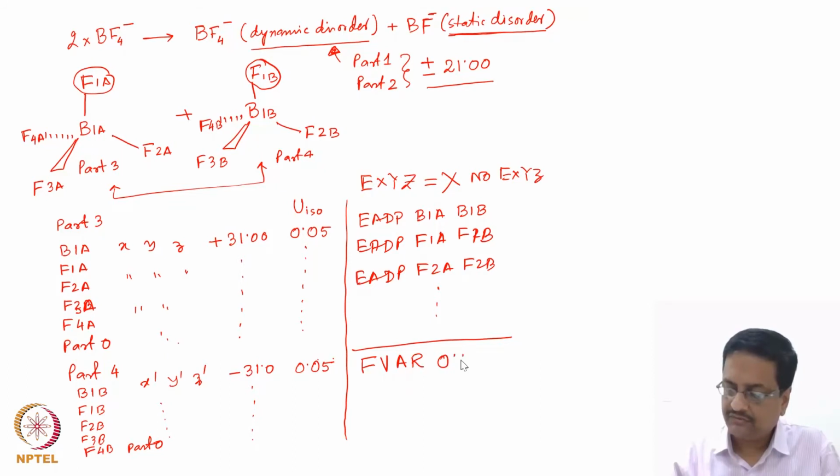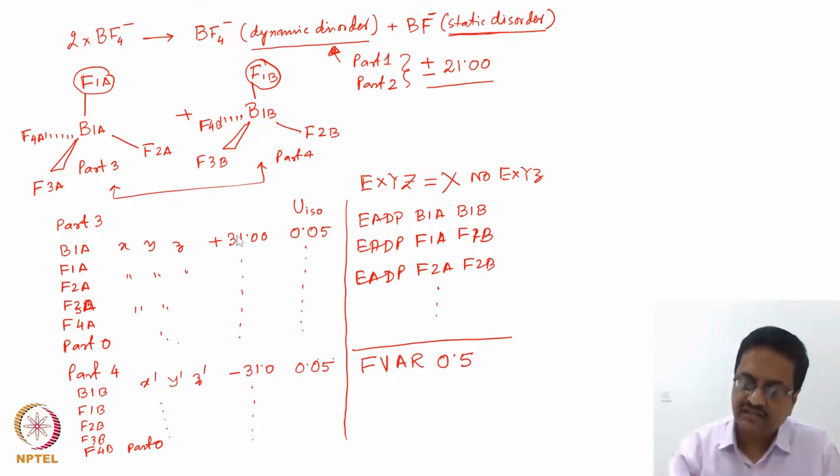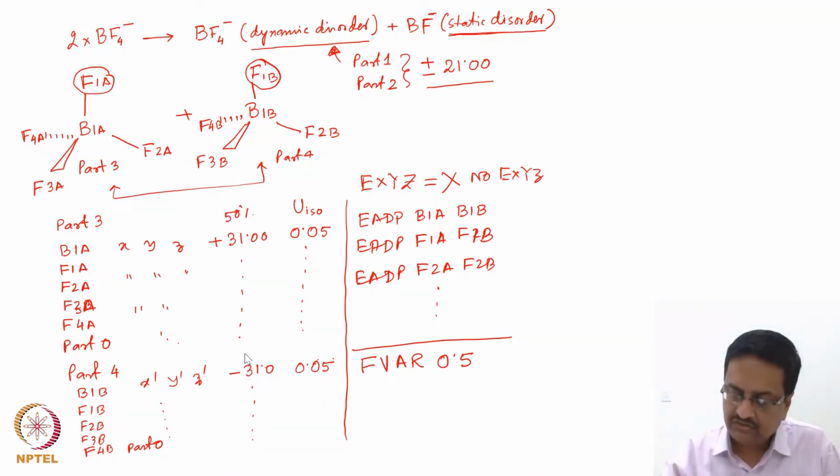With this, you should use the command FVAR as 0.5 to start with, which indicates that plus 31 means 50% occupancy, minus 31 also means 50% occupancy.